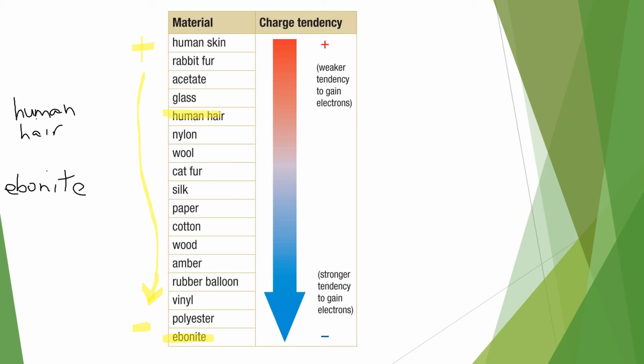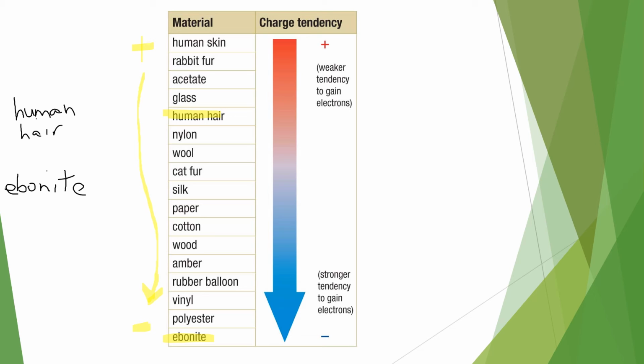So human hair is higher on the list, so it has the tendency to lose electrons. So it has the weaker hold on electrons. So the electrons are going to move and transfer onto the ebonite rod because the ebonite rod is lower on the list, which means it has the stronger hold on electrons and it has the tendency to gain them.